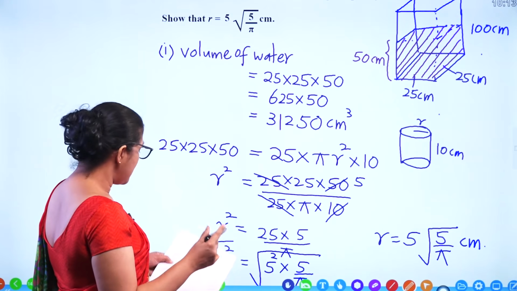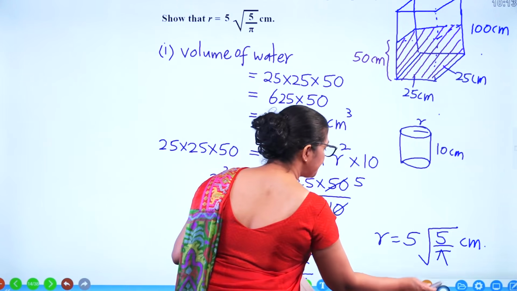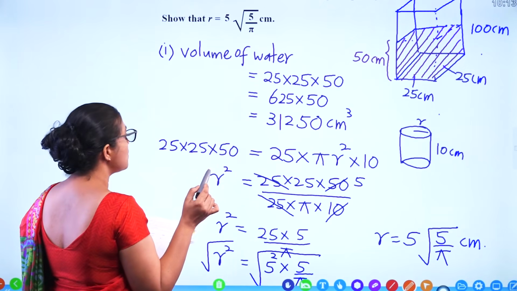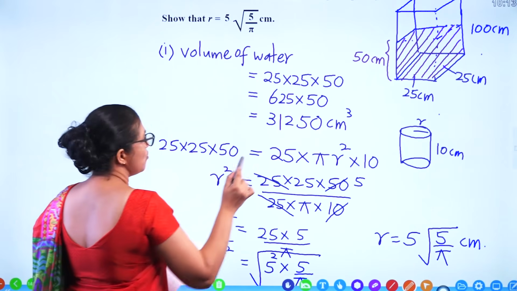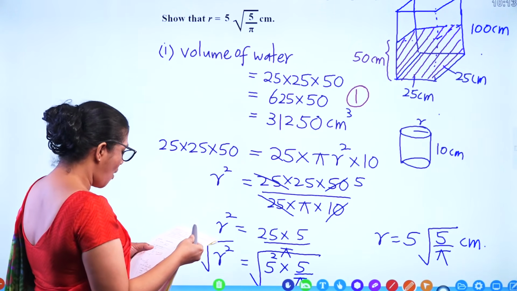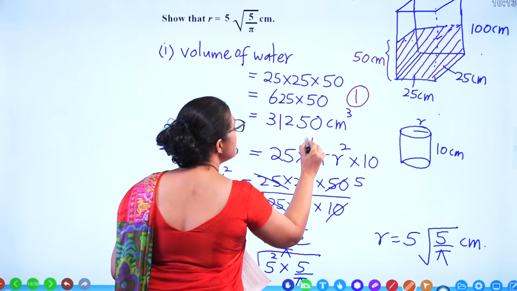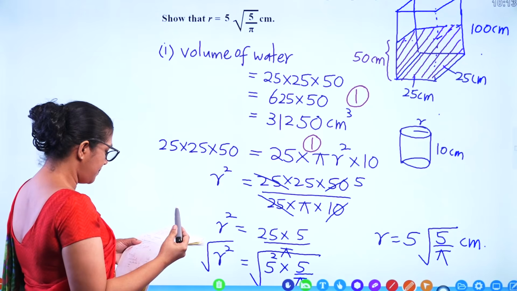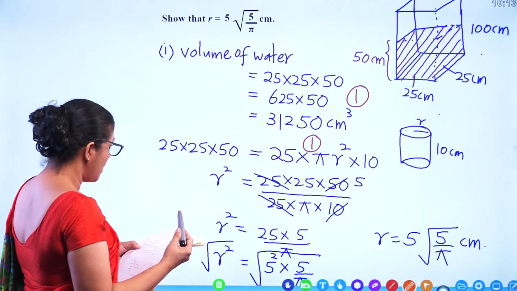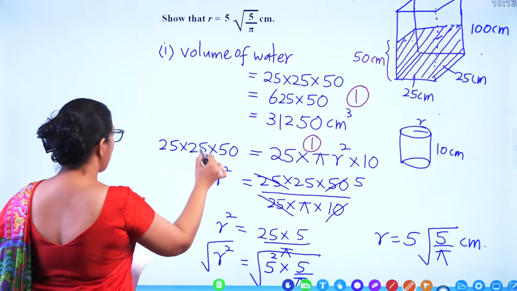Now we'll see how you get marks for this. So finding the volume of water, 31,250, you get just 1 mark there. And then 1 mark to find out the volume of 25 cylinders, and volume of this one, 1 mark.